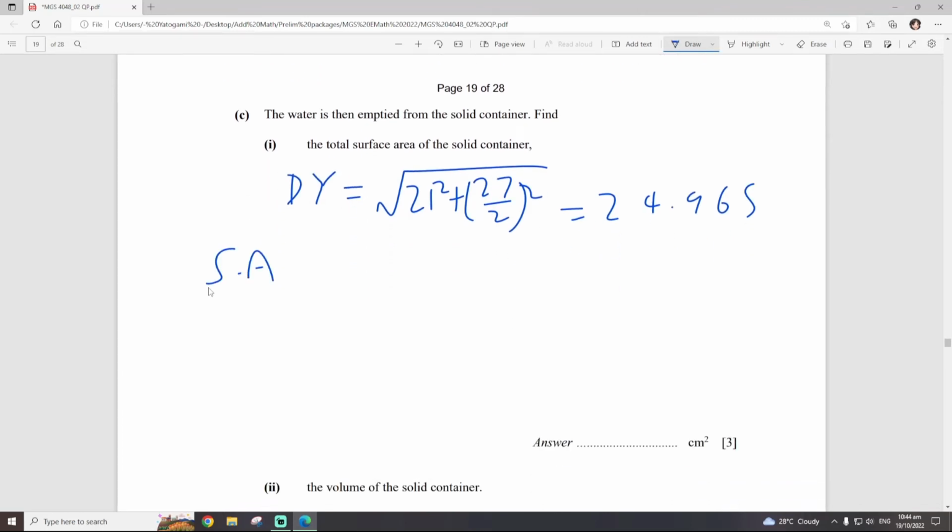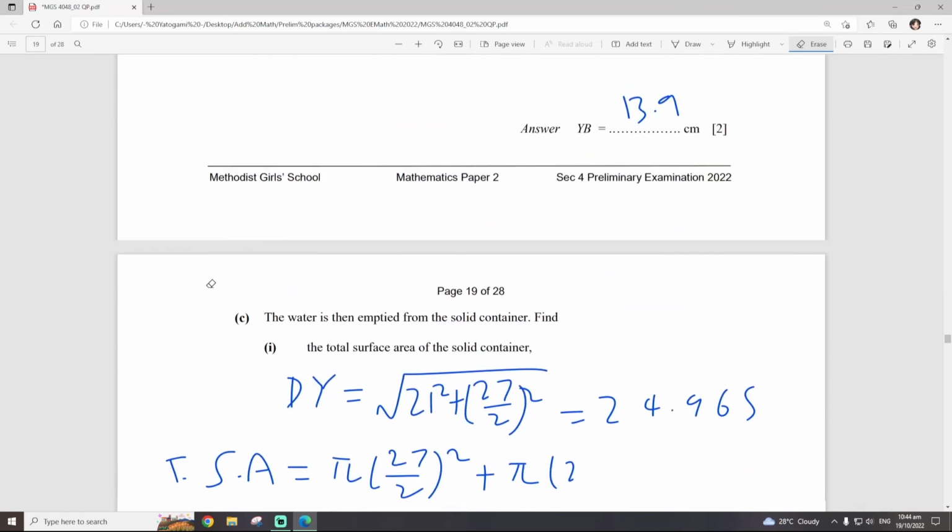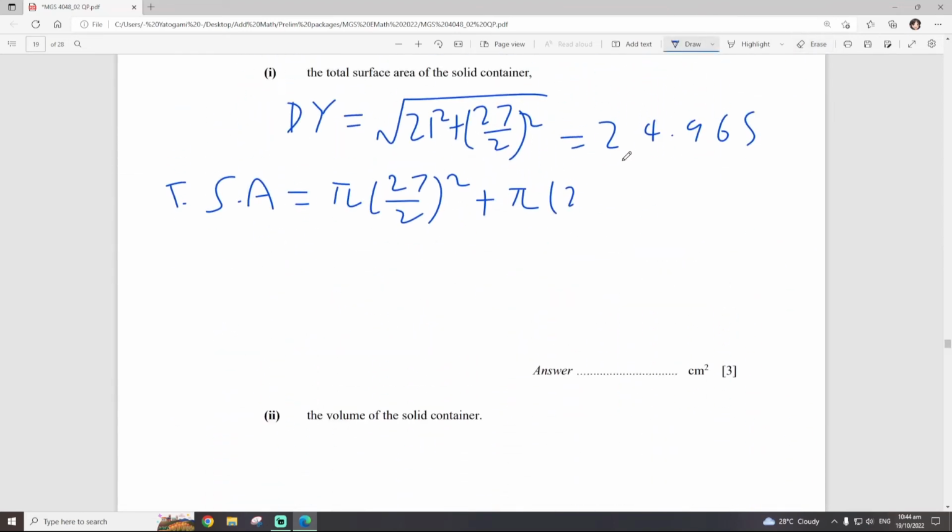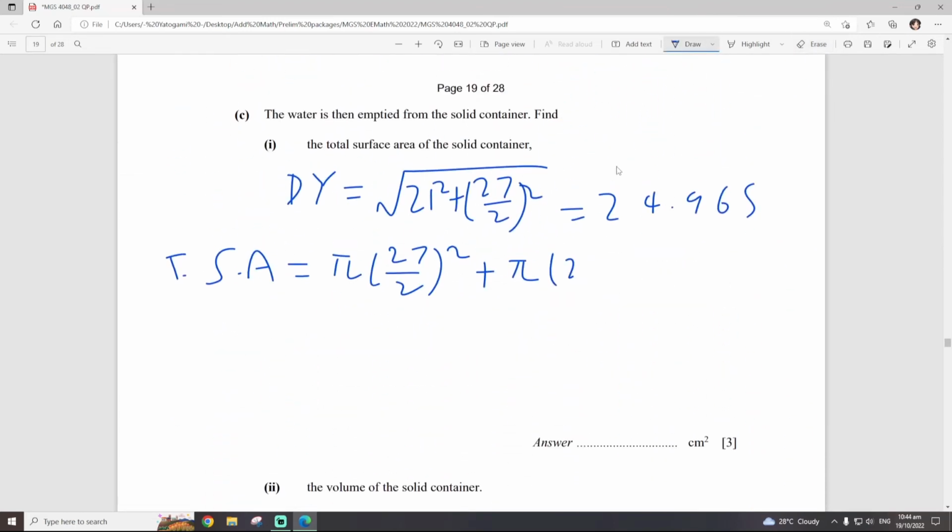So total surface area will be the circle at the bottom, which is pi times 27 over 2 squared, plus the diameter times pi times the height. So the height is 26, so pi times 27 times 26, I think. Is it? 27 times 26, correct. Oh wait, no, that's volume.